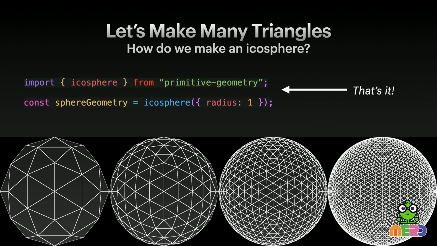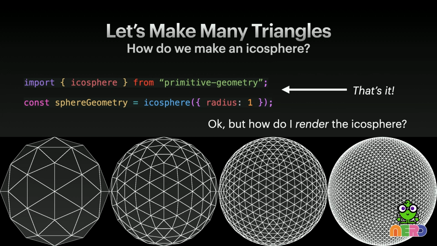Just know we're importing this icosphere from the primitive geometry library, and then we declare it, and that's it. Now we have our sphere. And this is what I'm going to try to show you guys: you don't need to be a mathematician to know how to calculate this if you want to draw a sphere like this, because there's lots of cool libraries out there, and a lot of this stuff has already been done, and you just need to know what to look for.